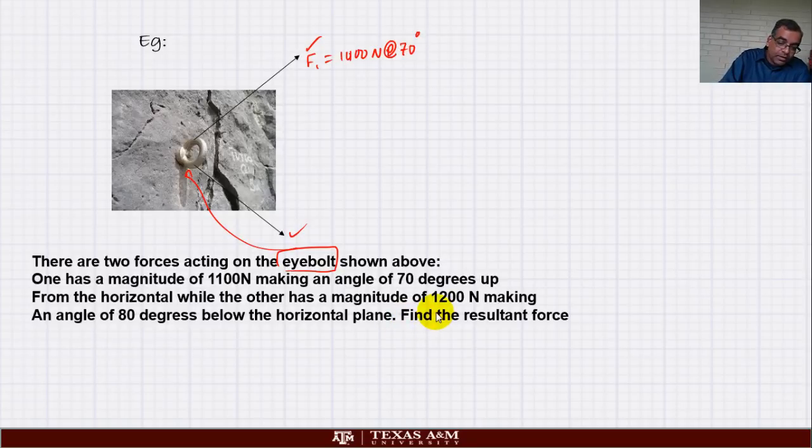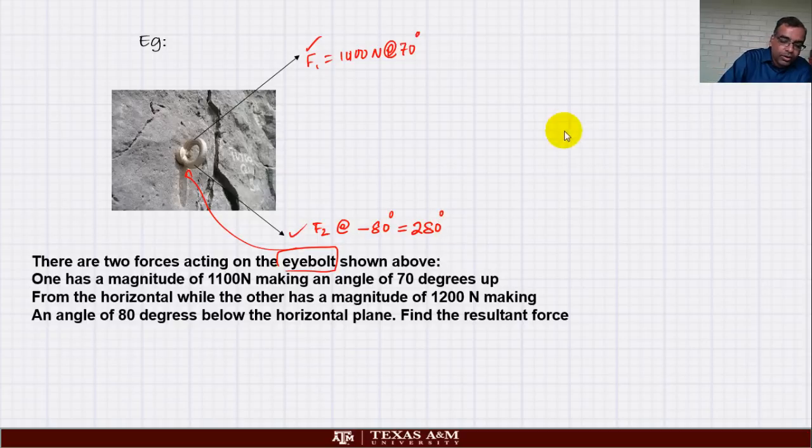The other one has a magnitude of 1200 newtons, making an angle of 80 degrees below the horizontal. So this is F2 at an angle of minus 80 degrees, which is 360 minus 80, which is 280 degrees. You see how I converted these two things?